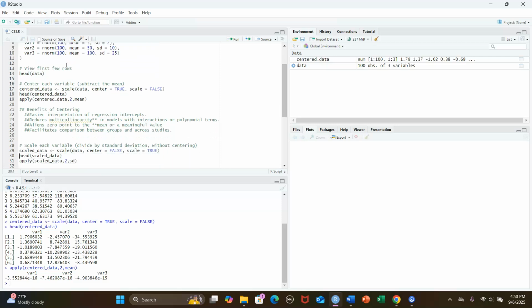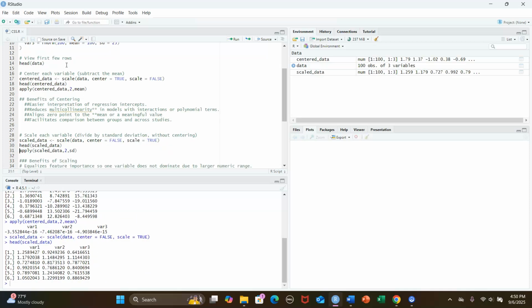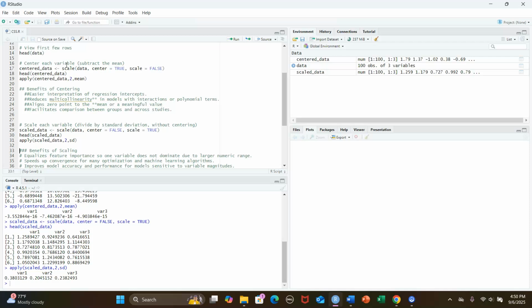Also, you can do scaling. Scale basically just divides the variables by the standard deviation without centering. You do that, and this is what it looks like. However, if you calculate the standard deviation of each column of the scaled data set, they're not really close to 1.